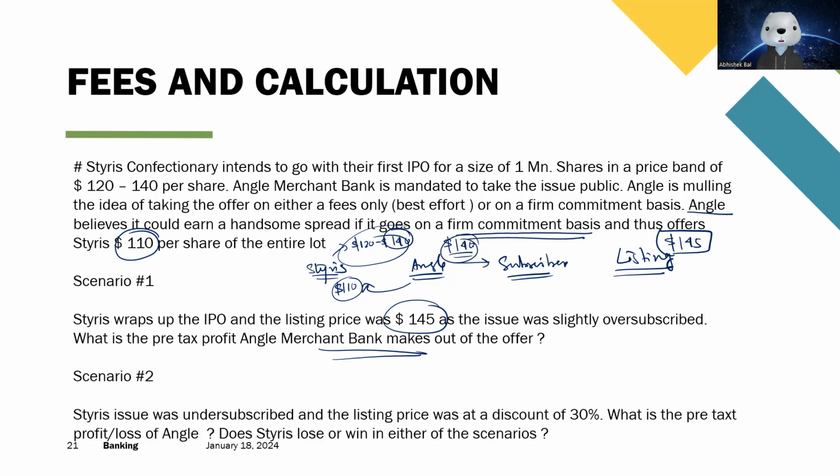In this case, Angle would make a clean sweep of $30 a share, and that is its profit.